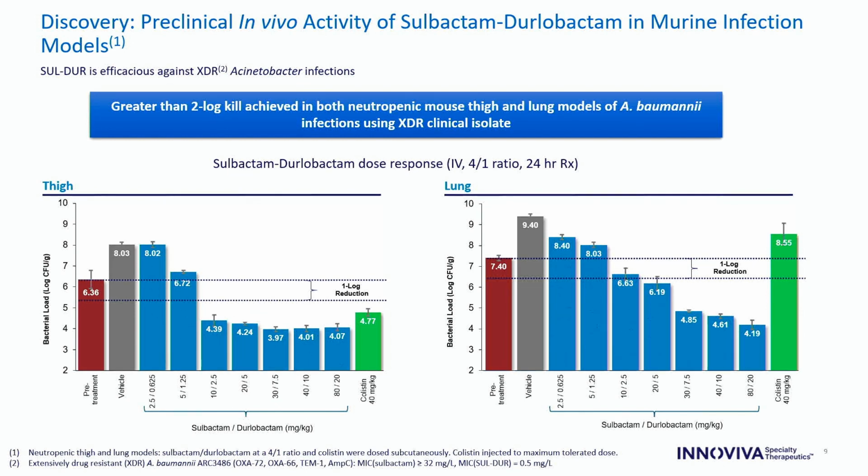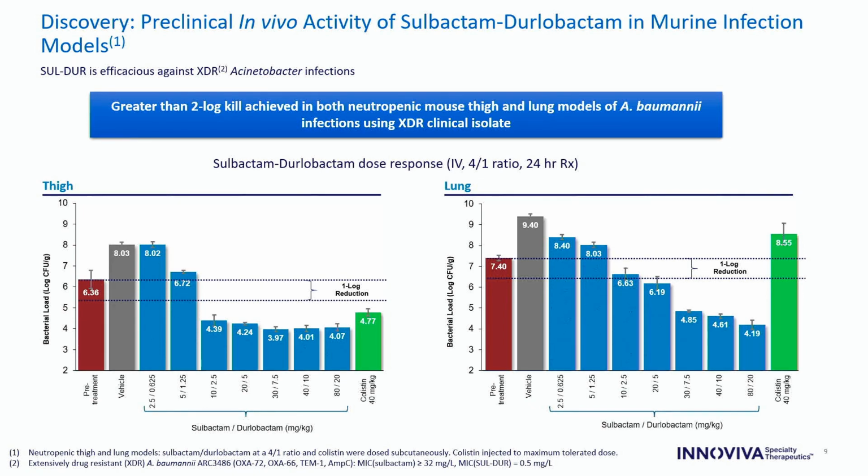You can see the dose proportional effect of the combination of sulbactam-durlobactam in this study, and the effectiveness at which it knocked down the bacterial load of Acinetobacter in vivo in our preclinical studies. You can see colistin as a control also did a decent job of knocking down the bacterial load. At the same time, this colistin was dosed at the maximum tolerated level.